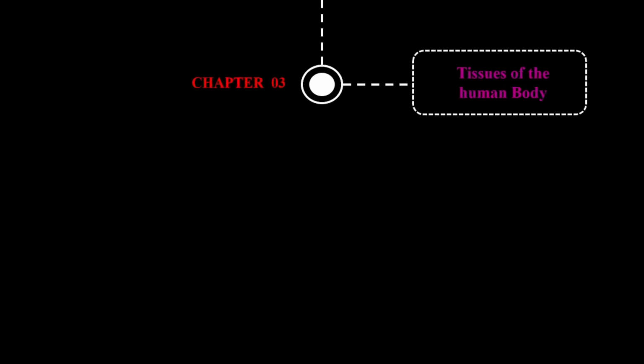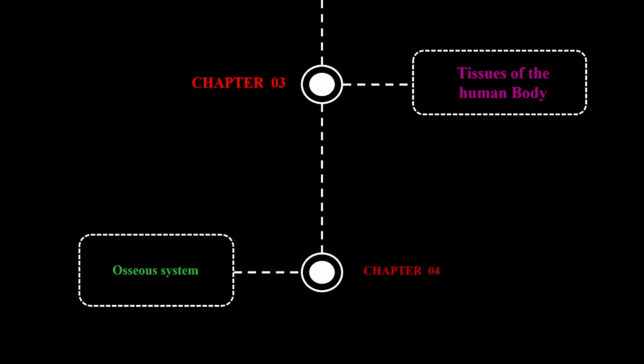Next chapter is tissue of human body. In that we are going to see which are the different kinds of tissues in our body and their types like epithelial, connective tissue, muscular tissue and nervous tissue, and see their subtypes and also their characteristics. Next chapter is osseous system.